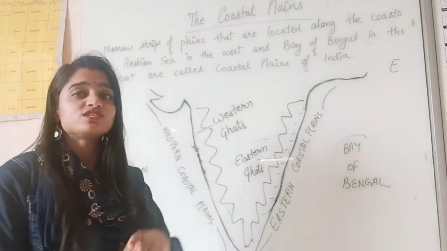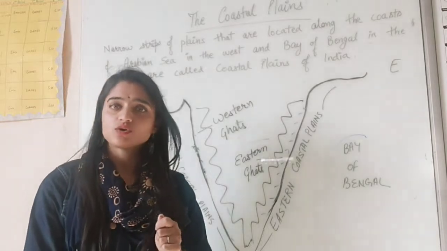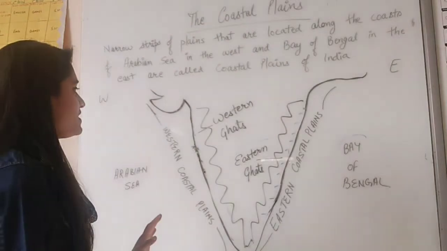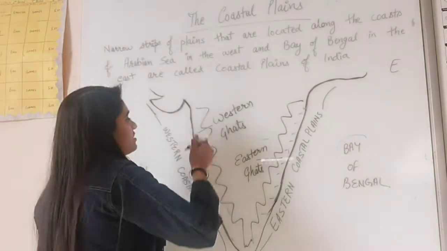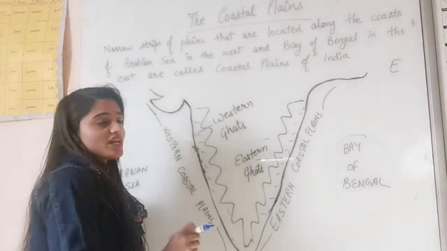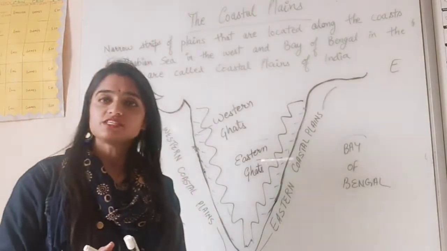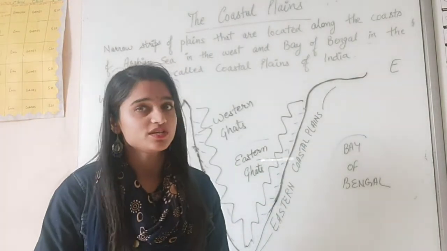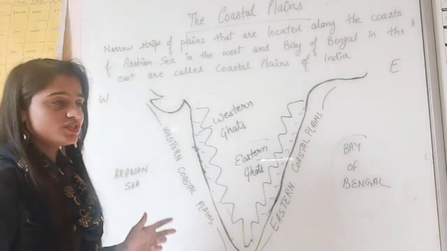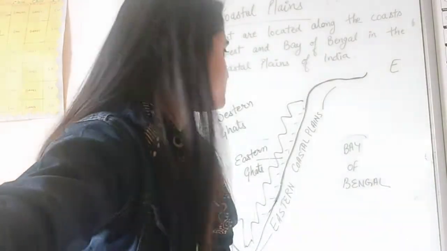And similarly, the coastal plains which lie between the Western Ghats and the Arabian Sea are known as the western coastal plains. इन्हें हम western coastal plains कहते हैं. And these are the two Indian coastal plains, the eastern coastal plains and the western coastal plains.